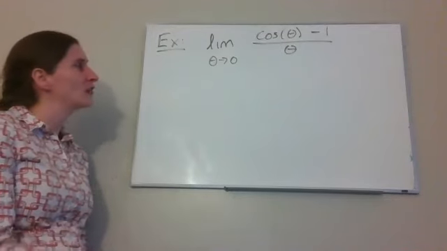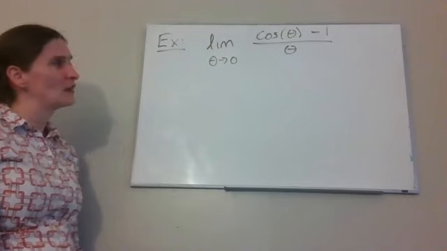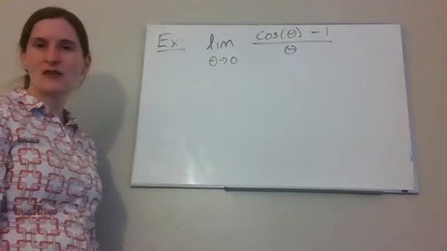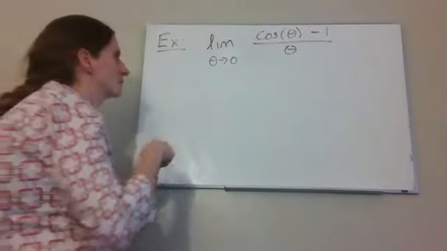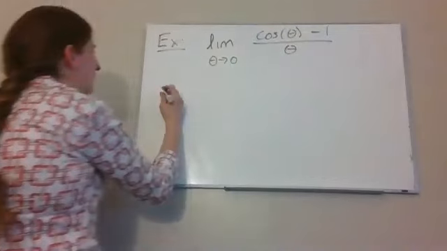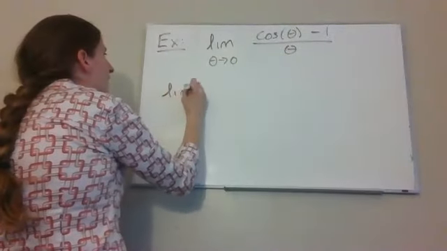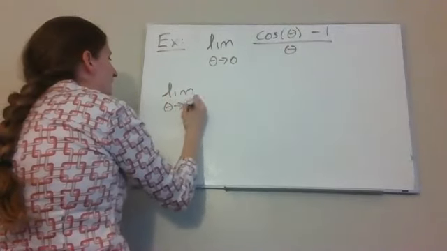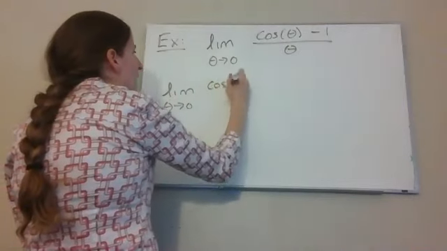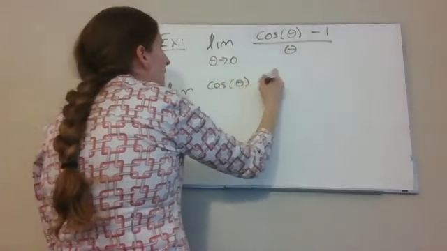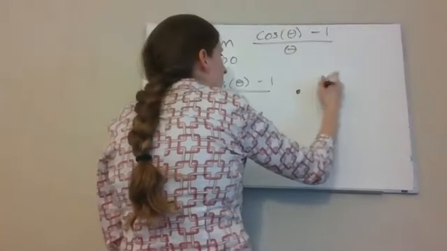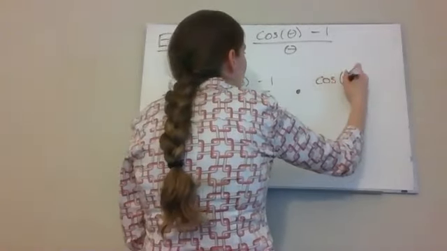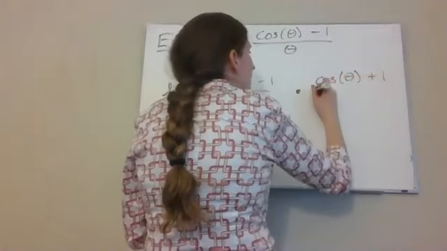Well, there's no factoring to be done. There's no distributing to be done. So let's try multiplying by a conjugate like we did on that other problem. Let's see what happens if I have the limit as theta goes to 0 of cosine of theta minus 1 over theta, times the conjugate of the numerator over itself.